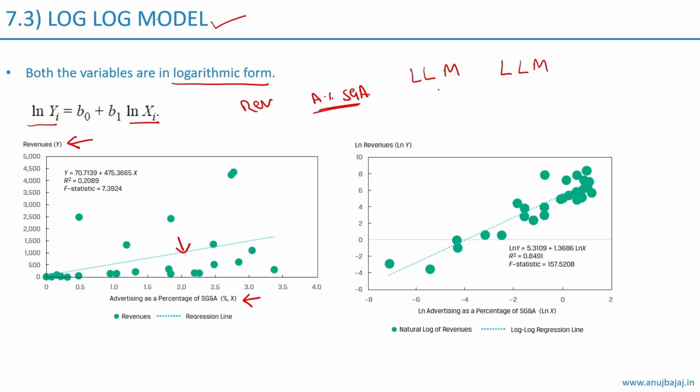Even though the dependent variable in both the models is in a different form, we can still compare both the models. So the R square of the Lin model is only 20.89%, whereas the R square of the log model is 85%, which is pretty good. So the log model does a great job of explaining the dependent variable.